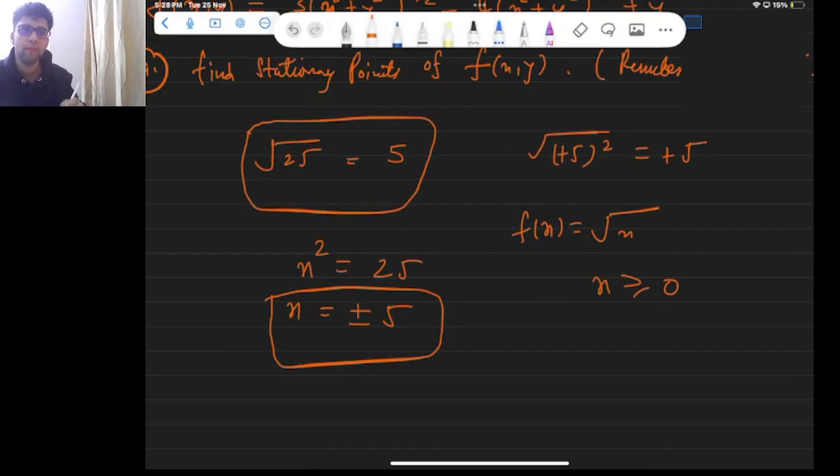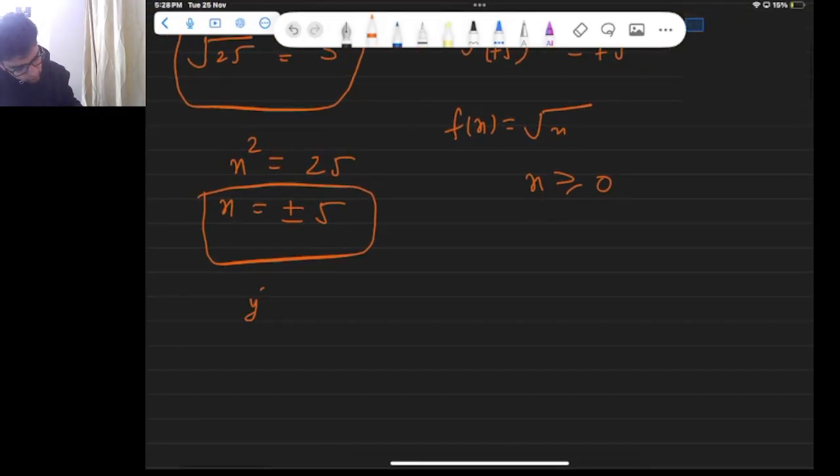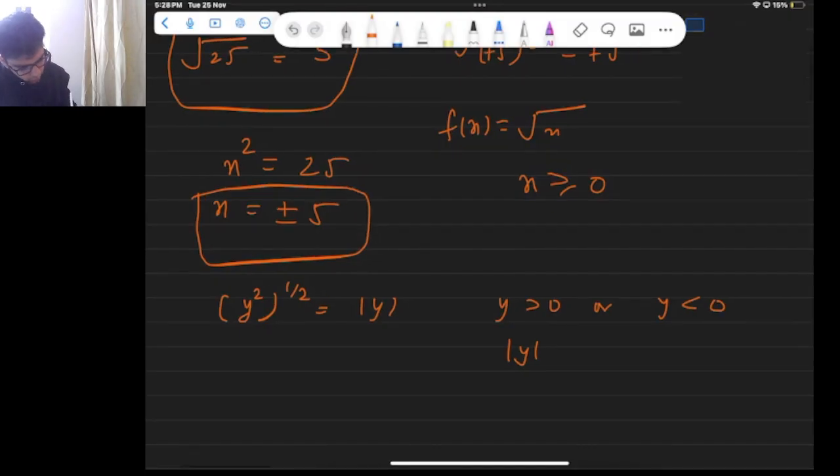So what this statement means is that the root of y² is equal to |y|, because y can be positive or negative, but with the mod we always ensure that the result is positive. Whether y is positive or negative, the root of y² is always positive.